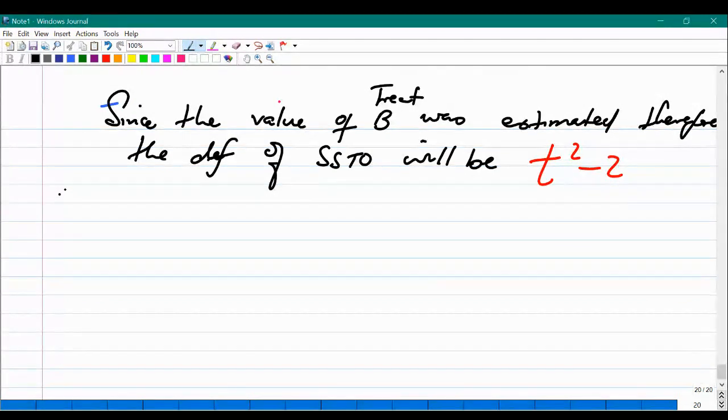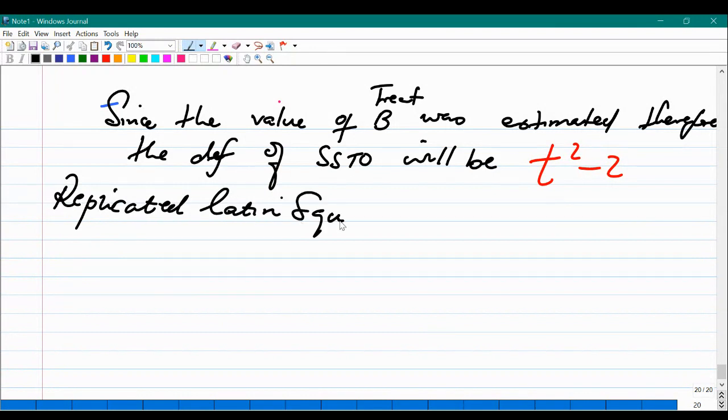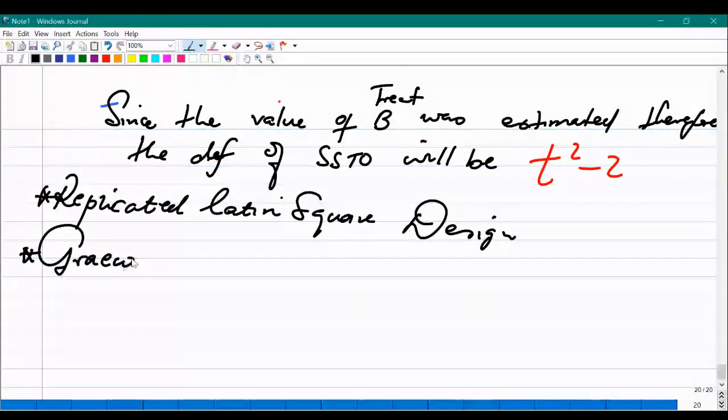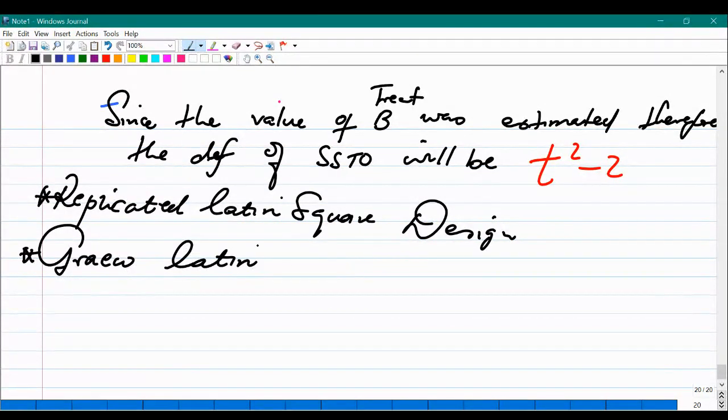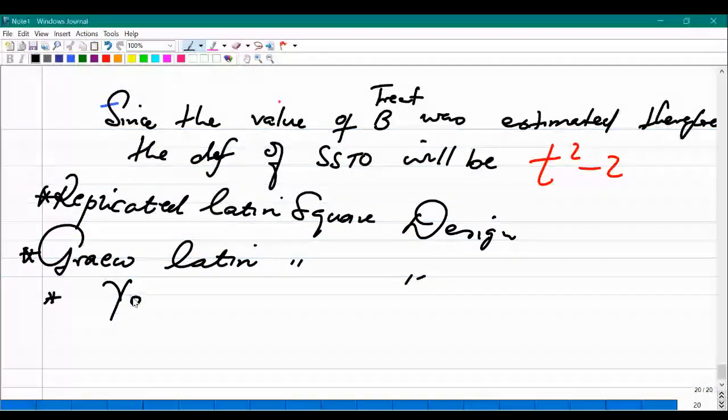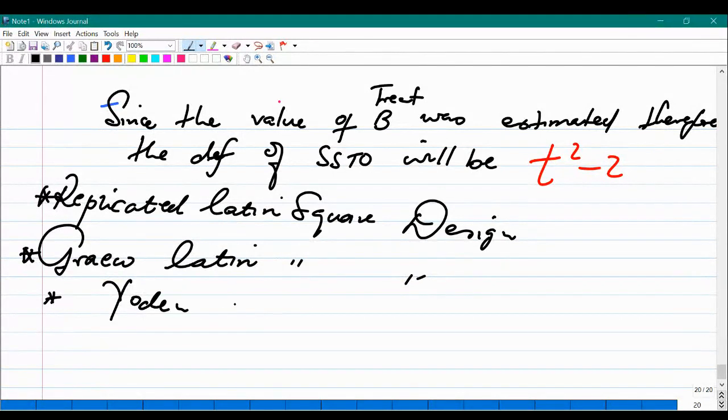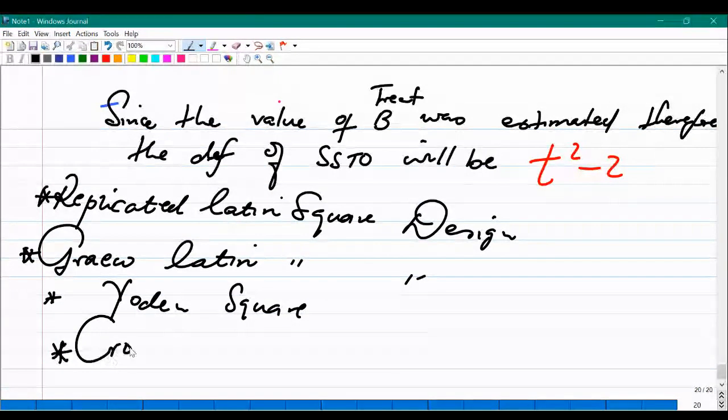The next one that we're going to do is replicated Latin square design. We're still going to cover this one. Then Greco Latin square design, Jordan square and crossover.